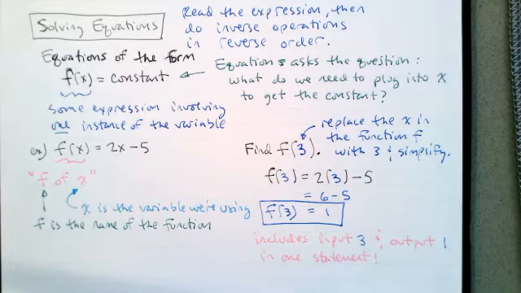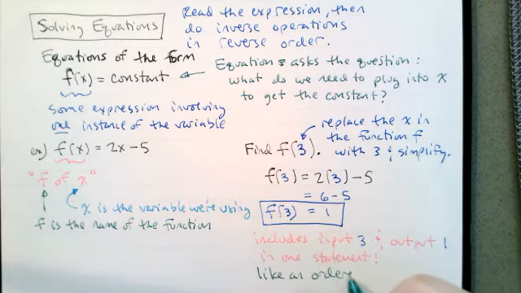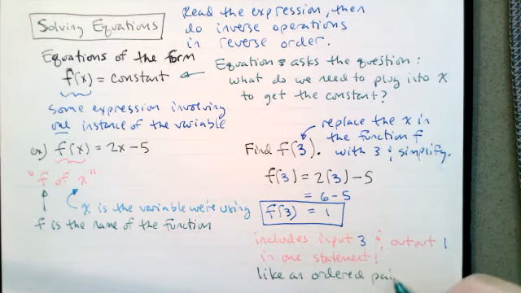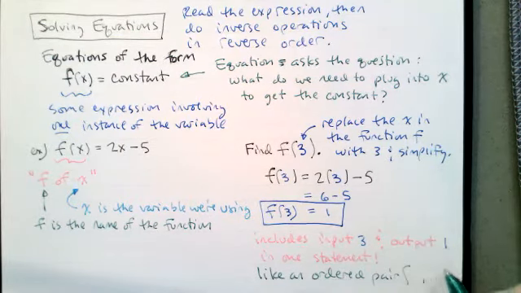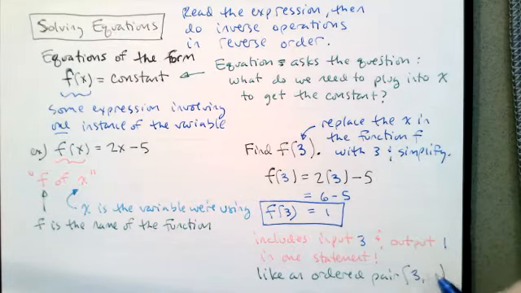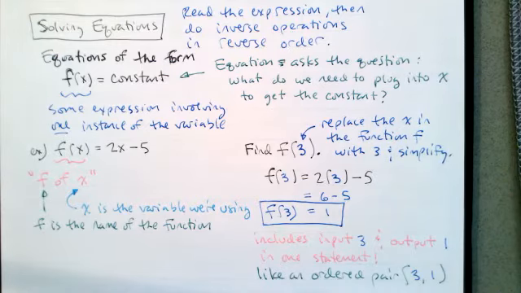When we start thinking about graphs, it's like another way of keeping track of an ordered pair. x is 3, y is 1. It works like an ordered pair where x is 3 and y is 1. It keeps both pieces of information that are related through this function together.